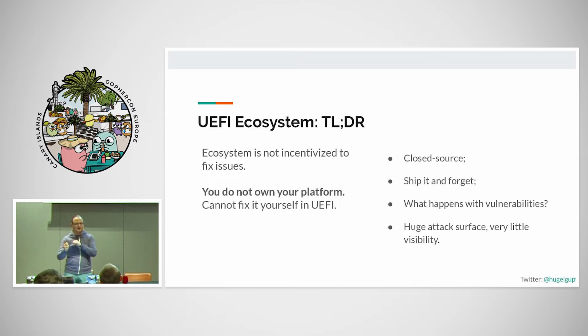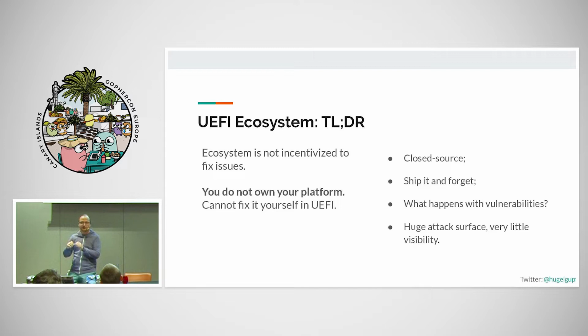I'm going to skip the rant that I usually do about UEFI at this point and tell you that it's all closed source. It's the most trusted piece of code on your machine because it's the first thing that turns on and actually has control over it. But it's the one with the least visibility, right? You can basically look at almost none of it.